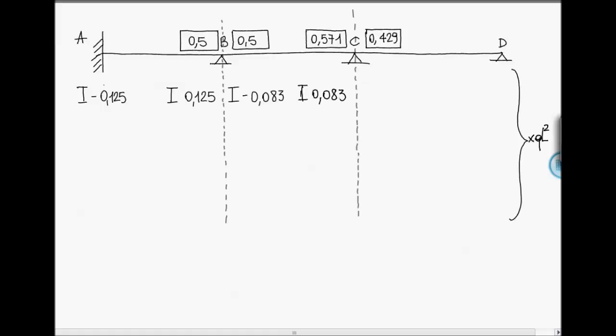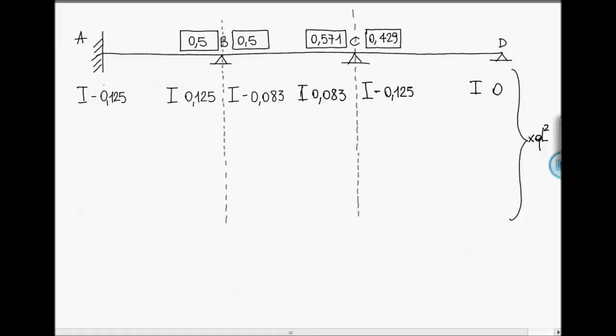And on node C on the right, we have a first bending moment equal to minus 0.125. And on node D, the first bending moment is 0.